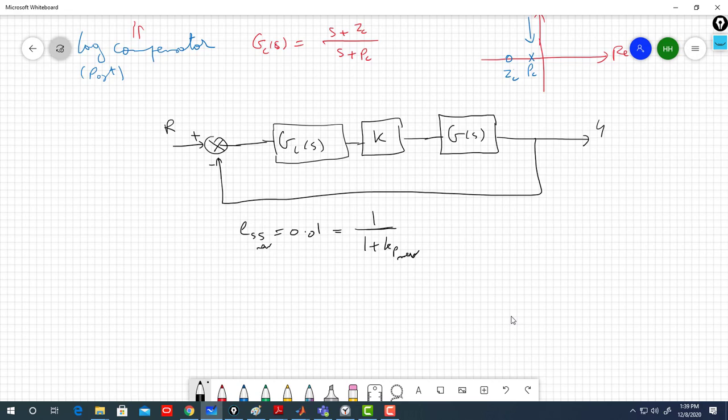Why? Because GC, K, G are a system type 0, right? GC times K times G are a type 0 system.